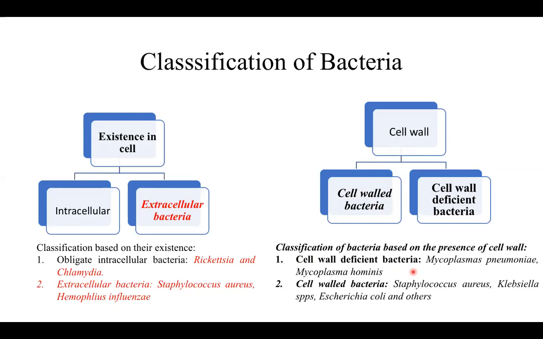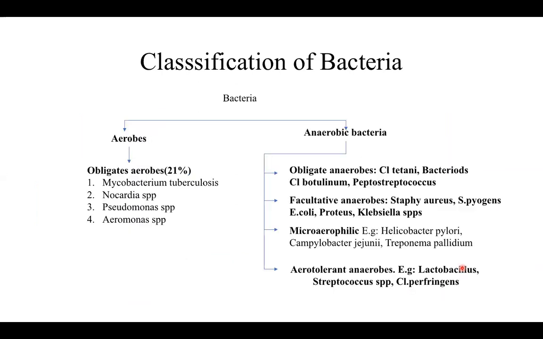Examples of cell wall deficient bacteria are Mycoplasma pneumoniae and Mycoplasma hominis, while cell-walled bacteria include Staphylococcus, Klebsiella, Escherichia, and others. In general, all the bacteria except the Mycoplasma species are cell-walled bacteria. Only the Mycoplasma species are cell wall deficient bacteria.